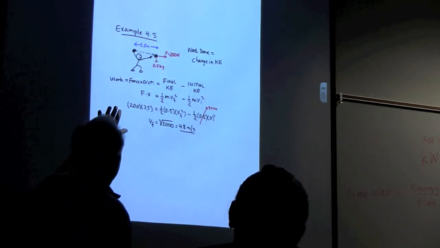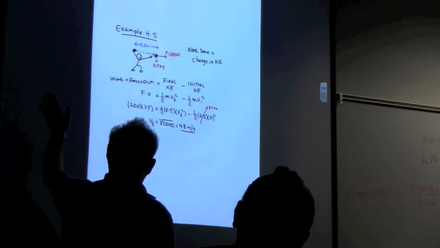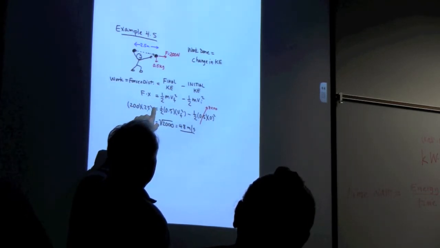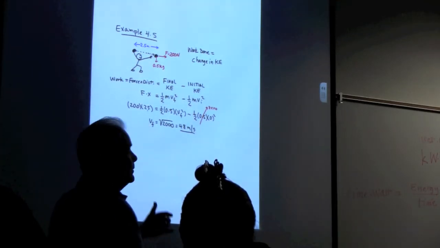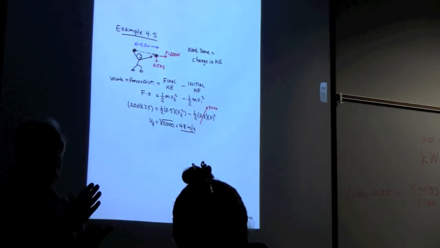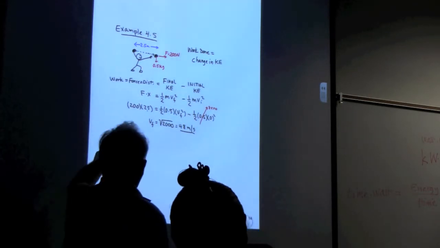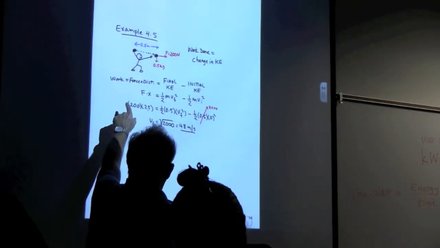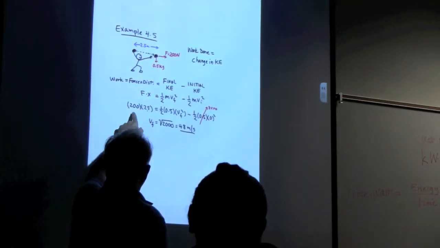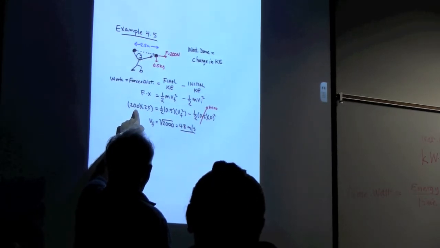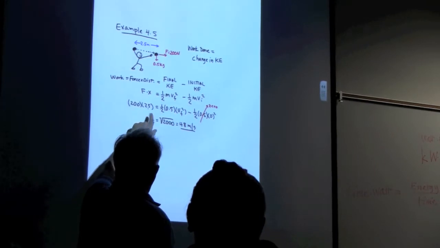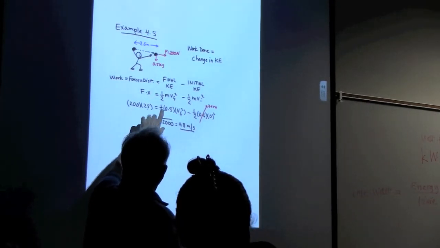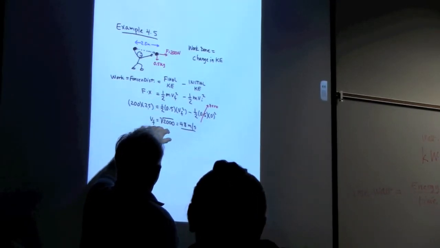So what I'm trying to show you here is the arm is moving 2.5 meters, the force is 200 newtons. And so remember, the work done is the force times the distance. So that means that the force times that distance is going to have to equal this. It's going to be 200 for the force times the distance of 2.5. That's one number. On the other side, you have the change in kinetic energy.